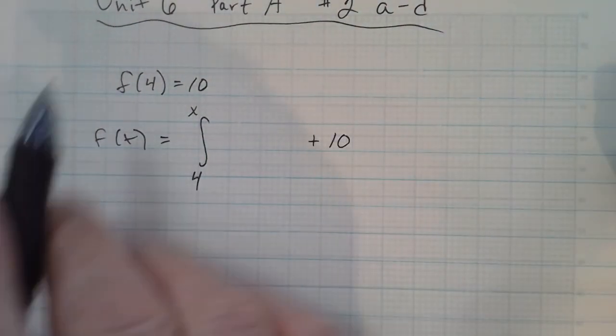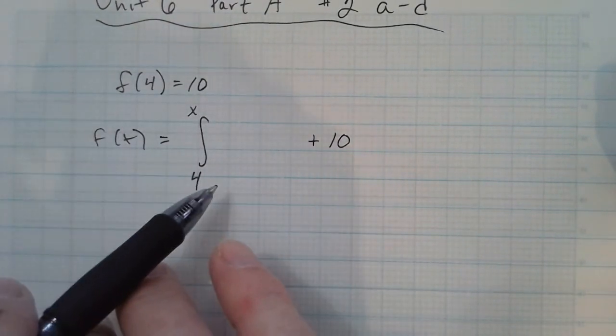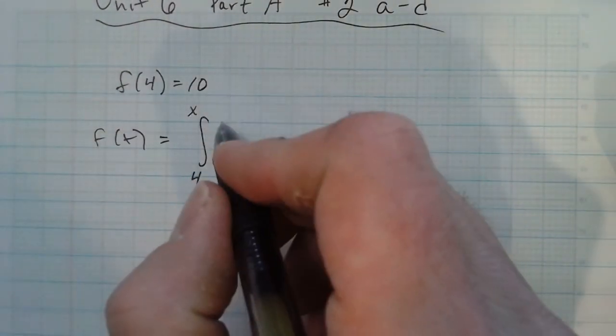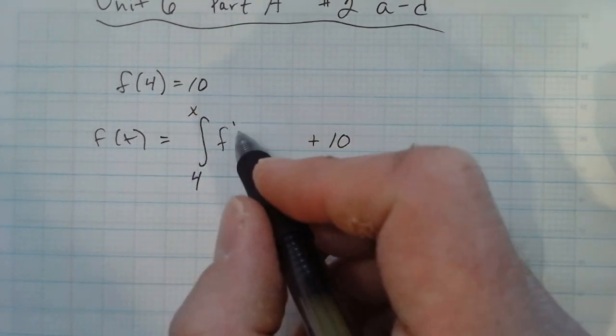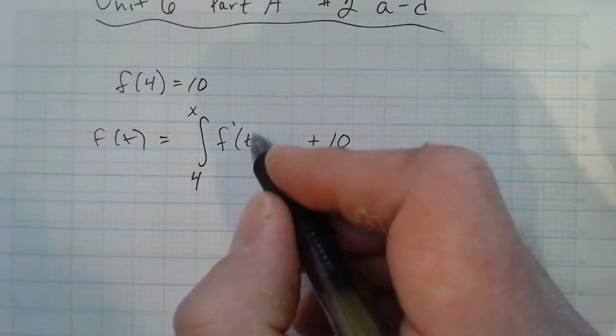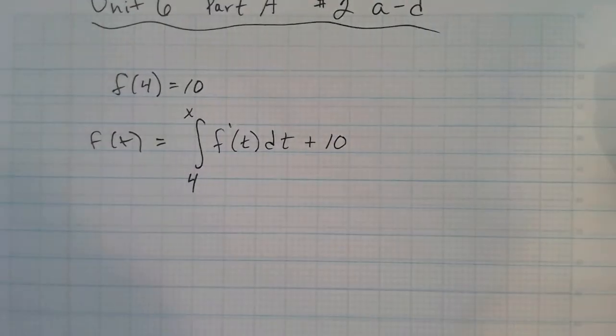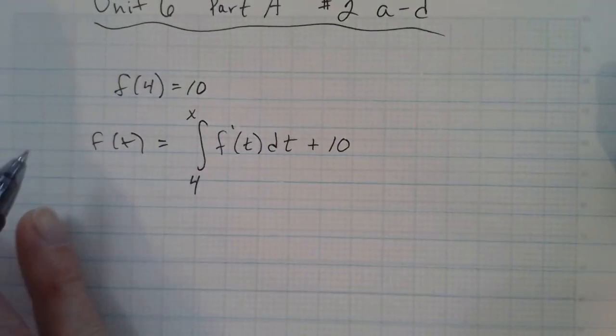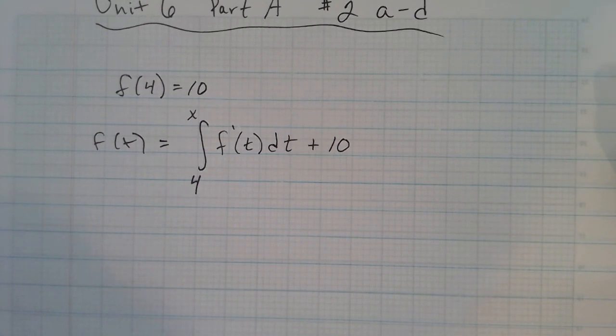So that's our initial value, 10, starting at 4. Then we do f prime. We can't use x because x is already used, so we'll say t dt. So that's our equation. They asked for an expression of f of x. There's our expression.